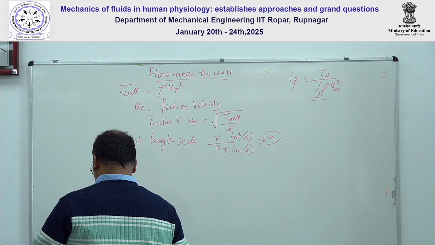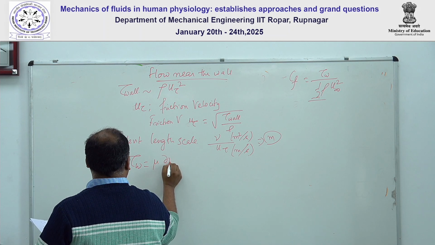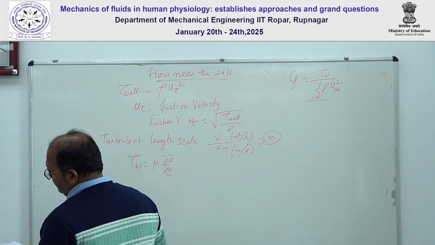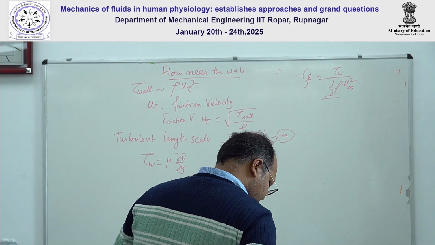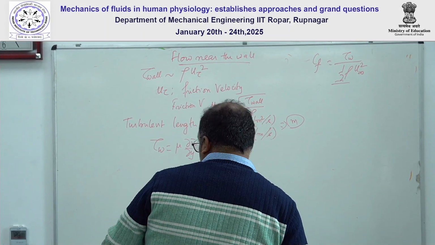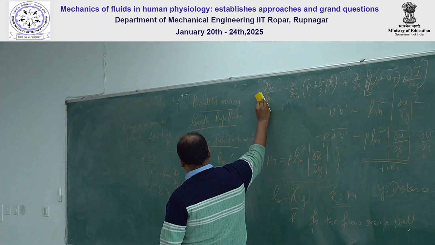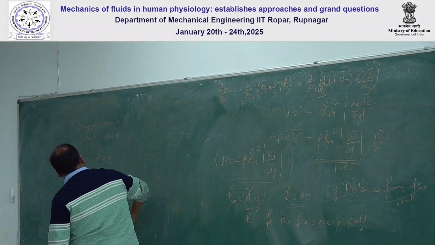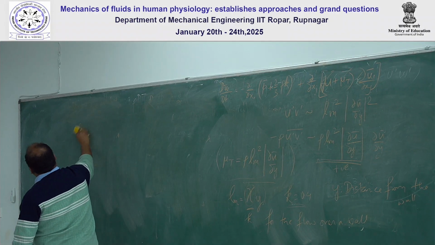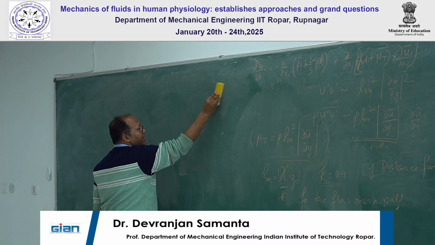Okay, and normally we write mu del u bar del y very near to the wall. So we'll come to that. Very near to the wall, earlier we showed that Reynolds stress is virtually absent. The wall acts as a damper, and due to the presence of the wall, the turbulent fluctuations are very minimal.